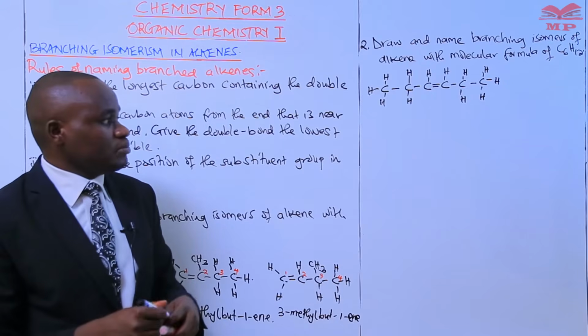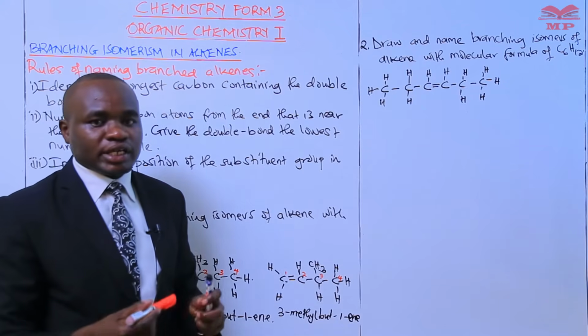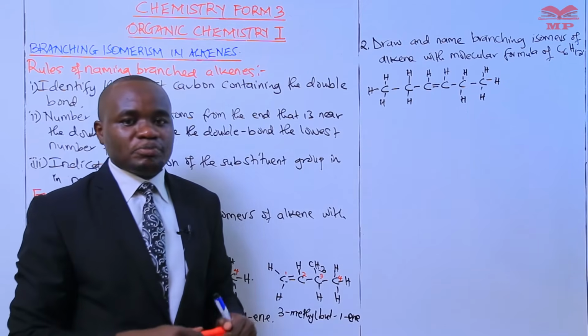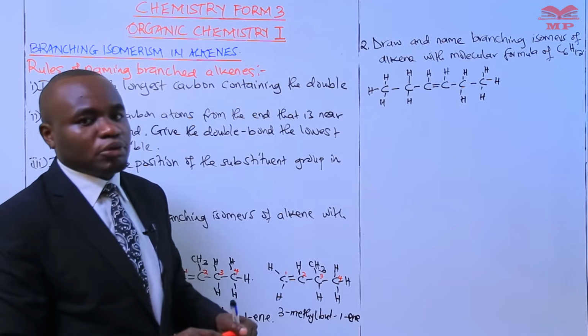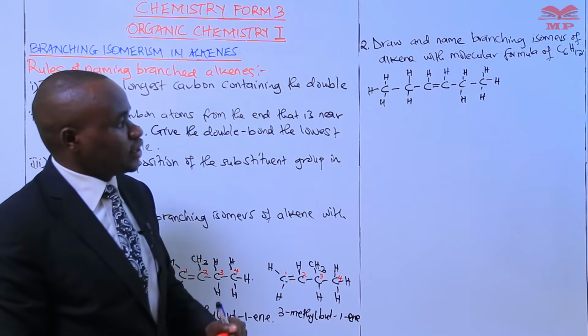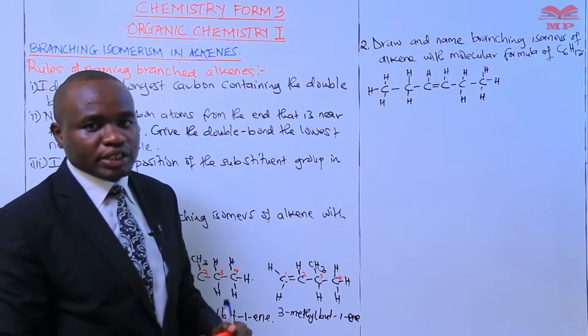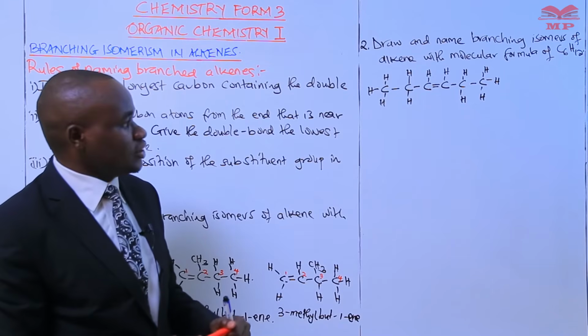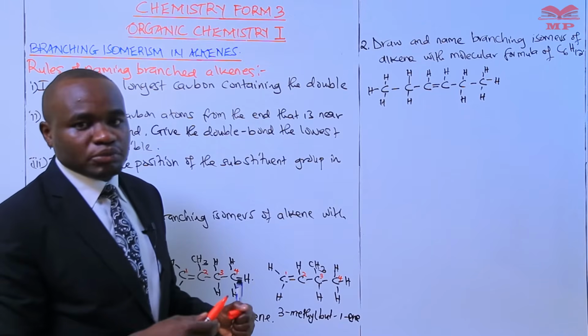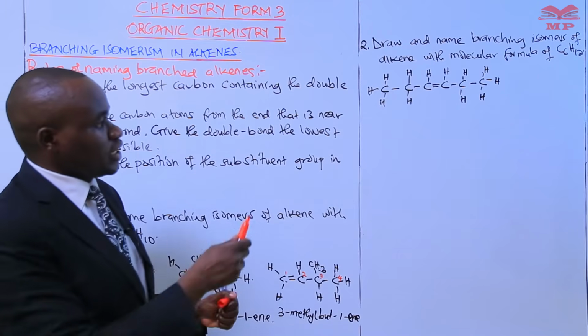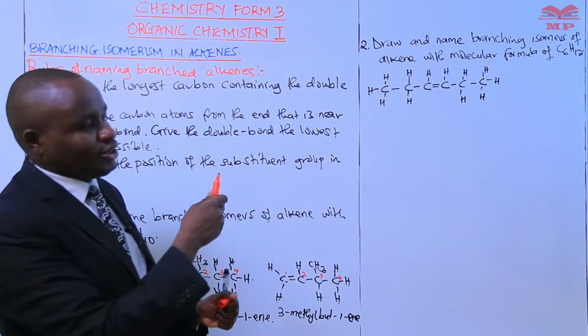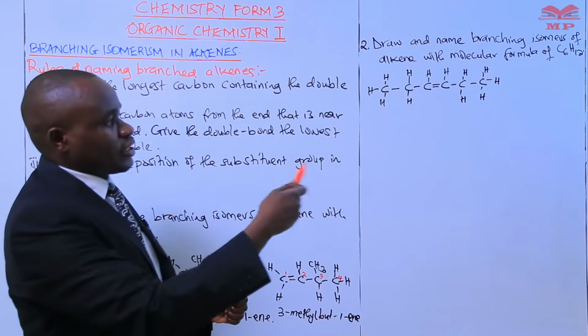Now, when giving the name, remember the rules are clear. You number from the end that is near the double bond. If you look at that structure keenly, my dear learner, you can see the double bond is in the middle. So you can begin to number from the right going towards the left, or from the left going towards the right.